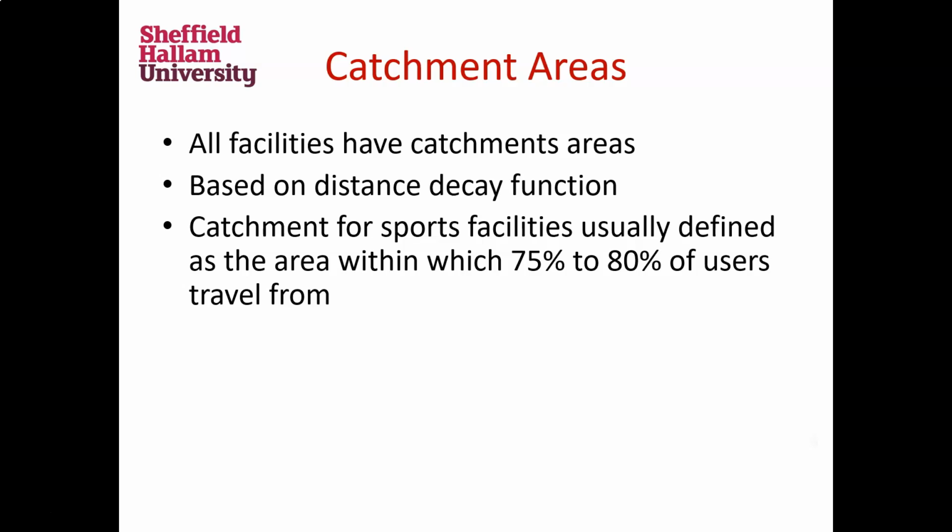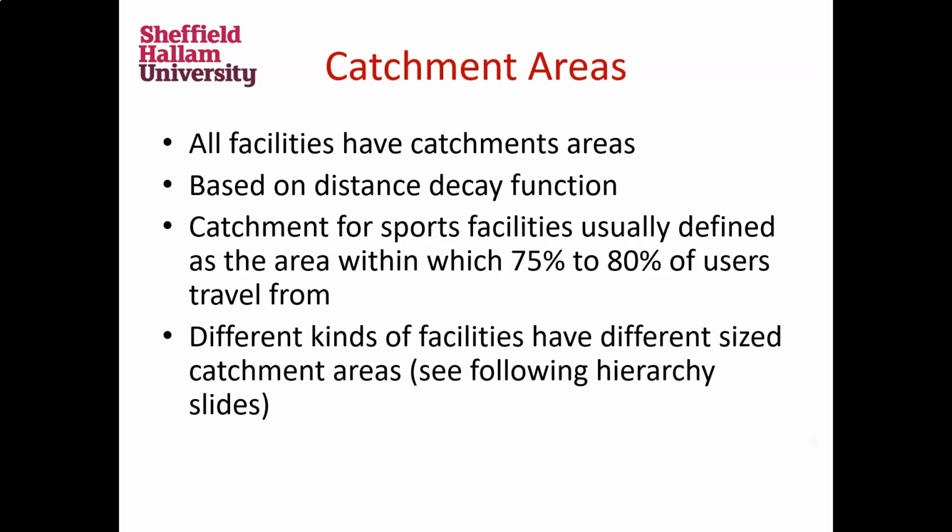Now, catchment areas for sports facilities are usually defined as the area within which 75% to 80% of users will travel from. And different kinds of facilities, so facilities for different sports, have different sized catchment areas.